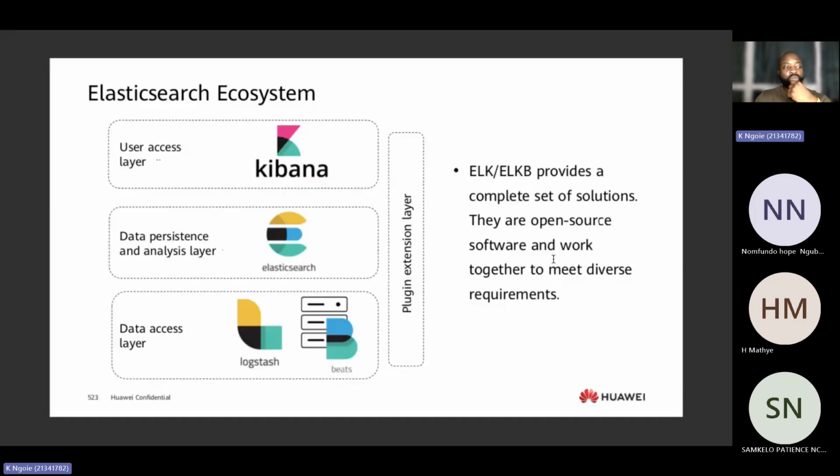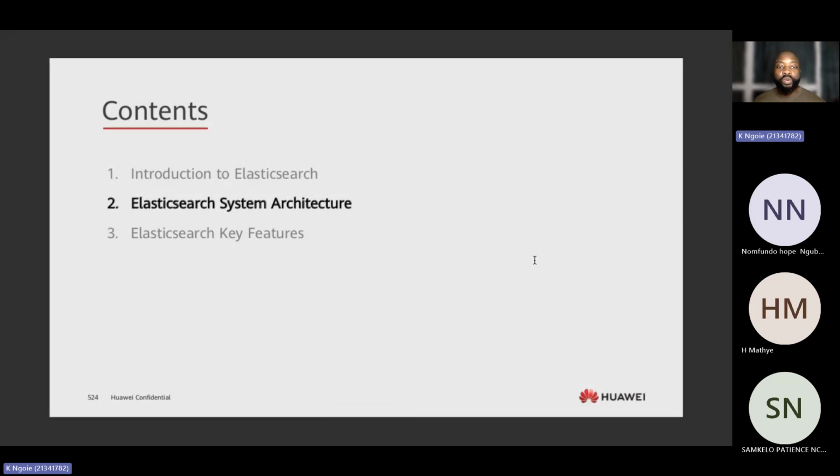This ecosystem helps create the whole Elasticsearch engine. You need to know that this engine can be integrated into things like the Hadoop ecosystem. We can get it into Spark and different databases, so it can be used there.